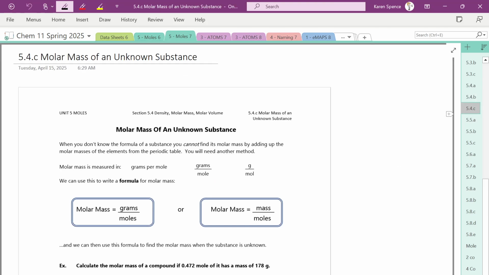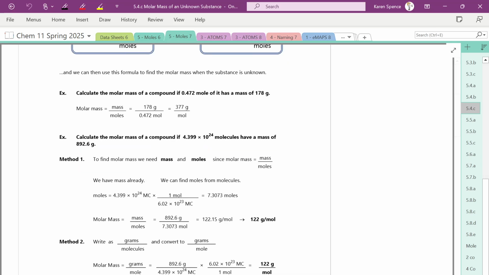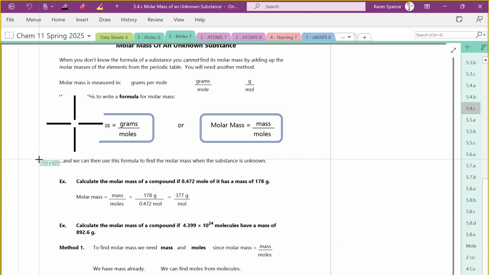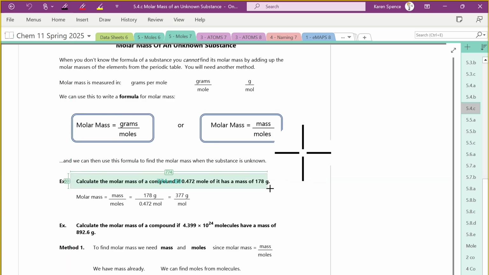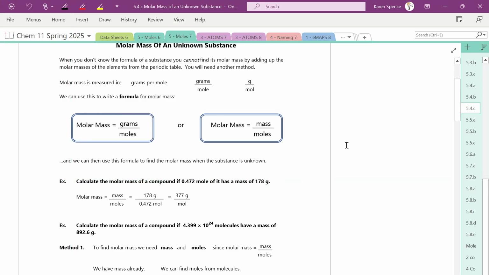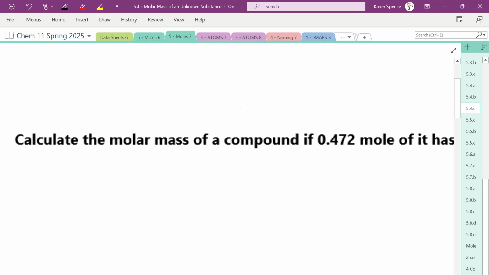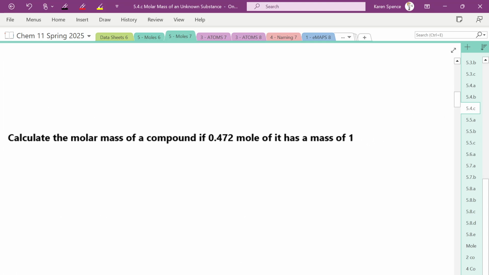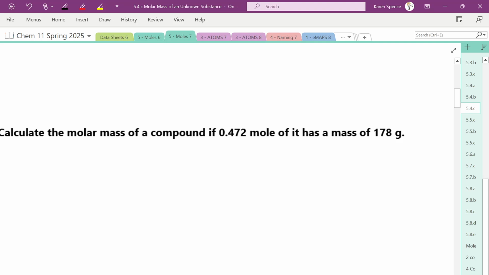Molar mass of an unknown substance. We are now on page 76.